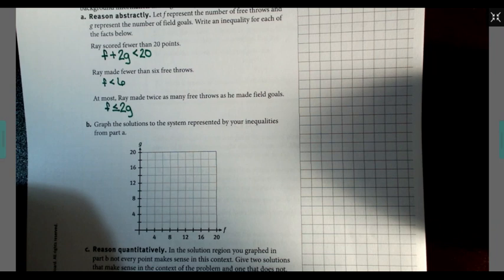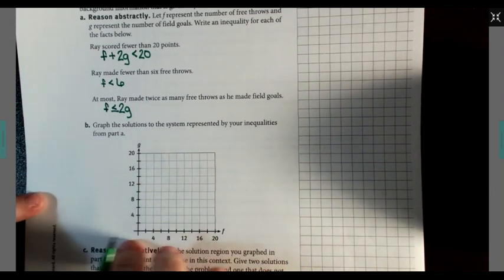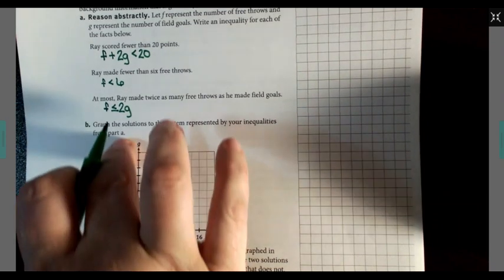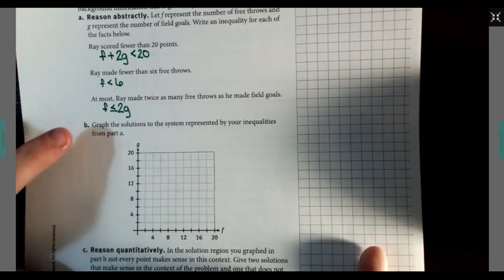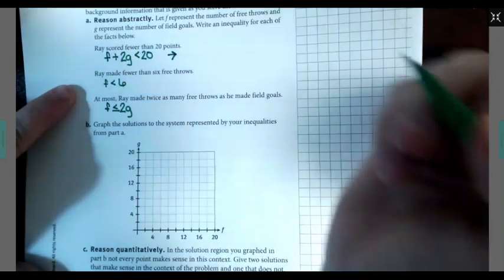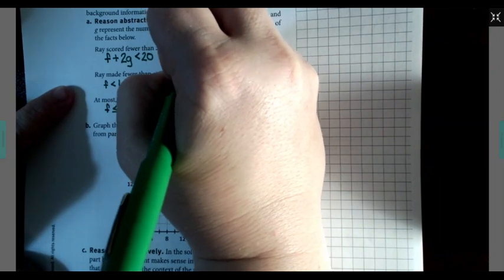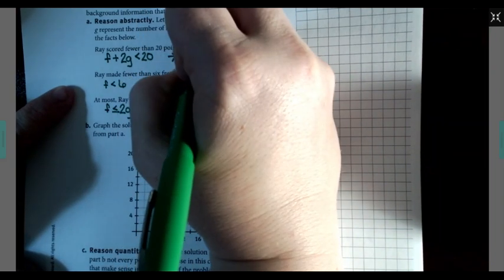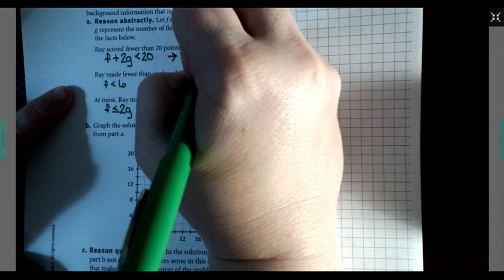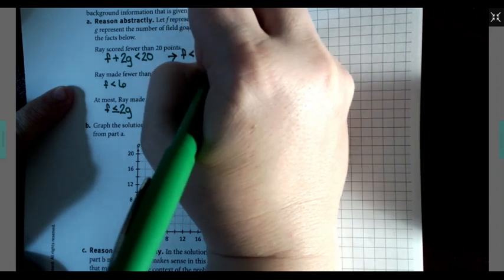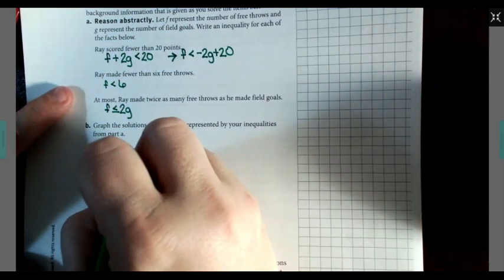Part B. Graph the solutions to the systems represented by your inequalities from Part A. Now notice that they're using F as their X and G as their Y. I want to rewrite this in the form of F equals. So this is going to say F is less than negative 2G plus 20. So we're going to start with this one.